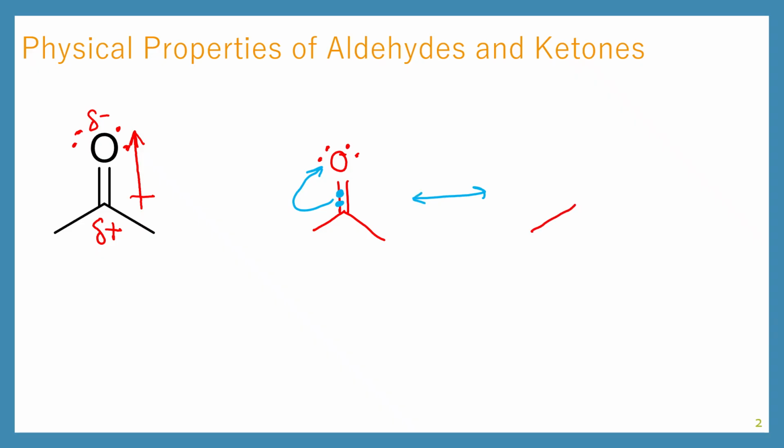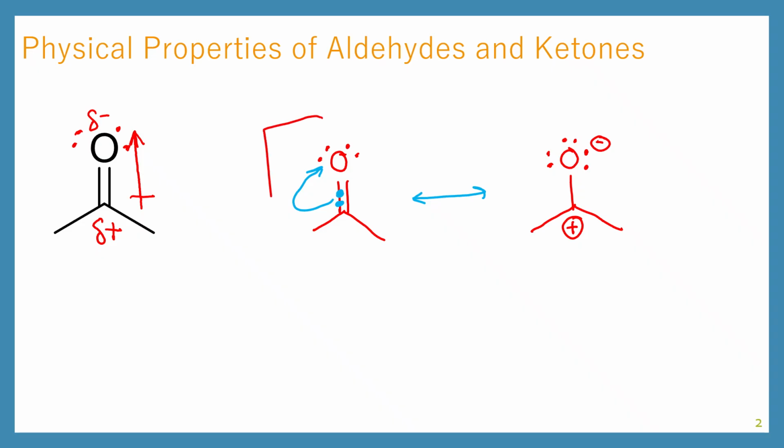This gives us a new structure that shows 3 lone pairs on the oxygen and an actual negative charge, and then an actual positive charge on the carbonyl carbon.